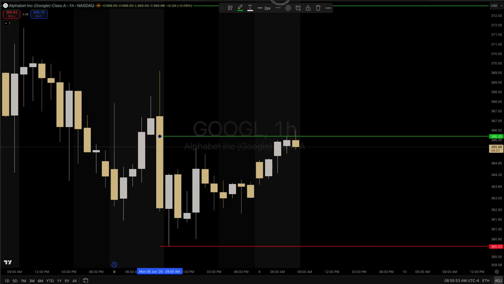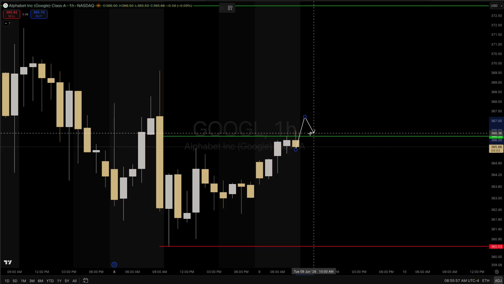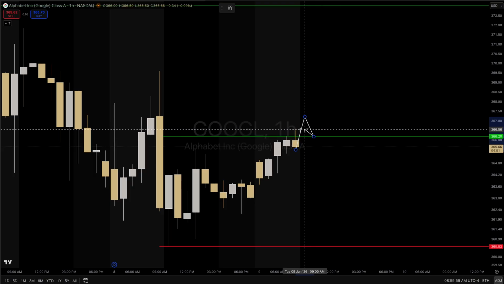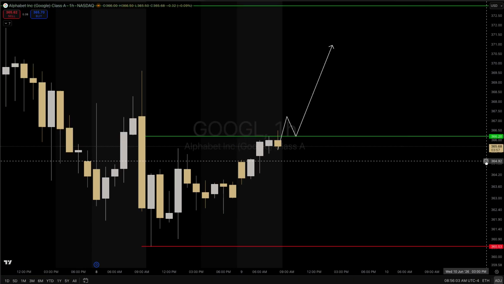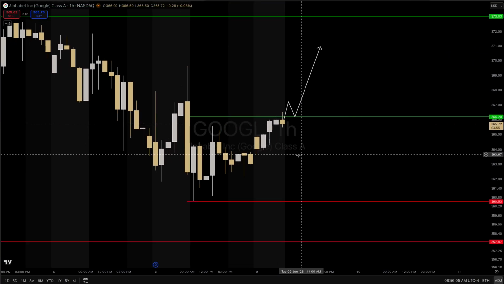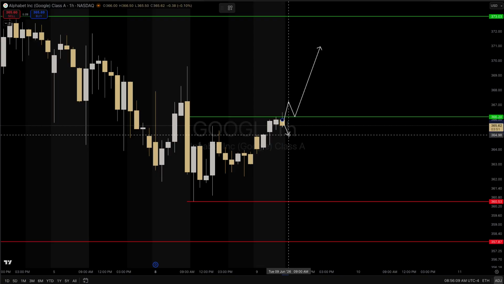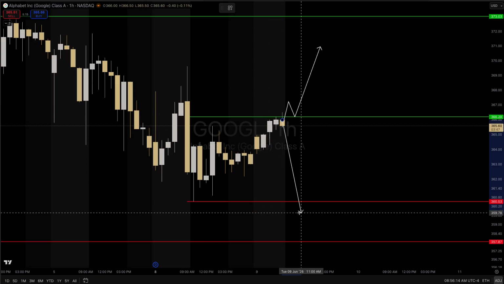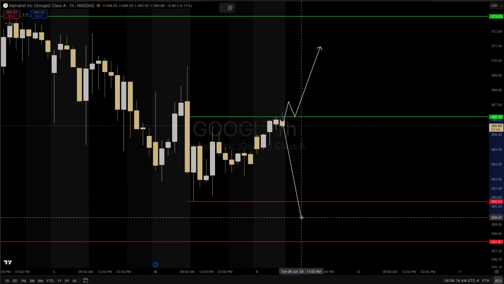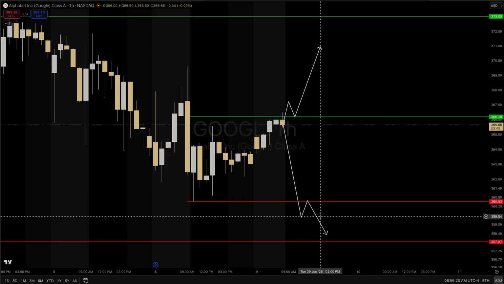What I want to see here now is price breaks above this previous day high, retest. If buyers can hold this, then we can see a good continuation towards the upside, right? If we see strong selling pressure here, price can go towards this previous day low, but I want to see price break below this previous day low, right, retest, and then continue towards the downside.